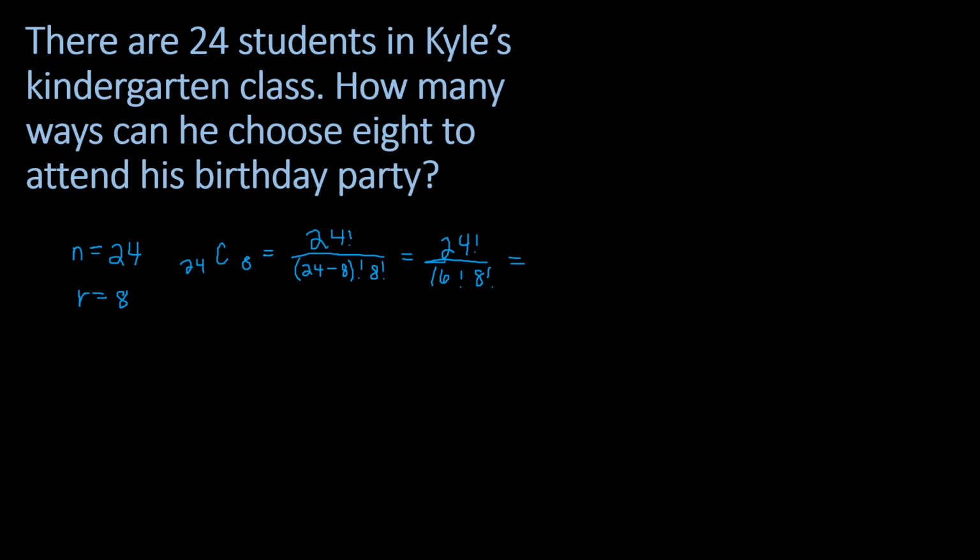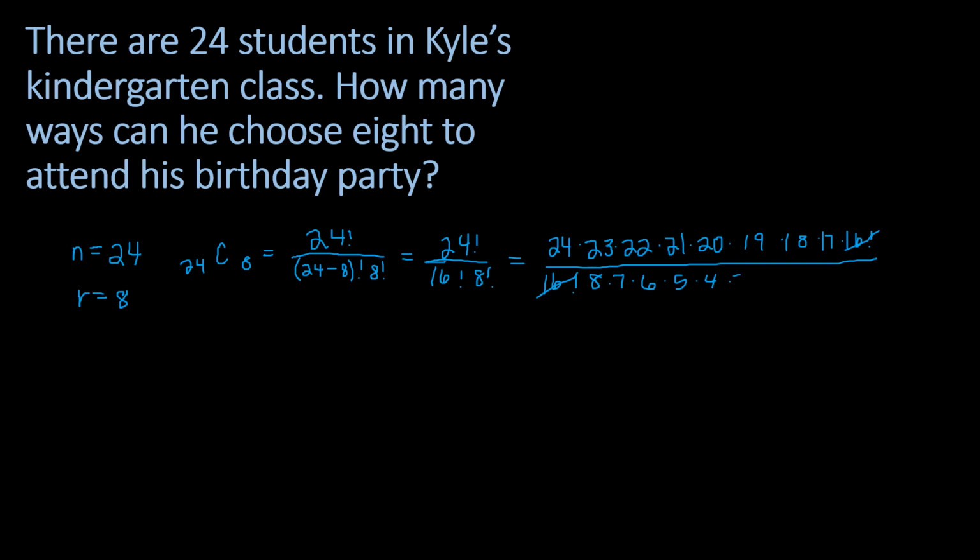So we pull this out to 16: 24, 23, 22, 21, 20, 19, 18, 17, 16 factorial over 16 factorial. Let's go ahead and cancel those. And then this 8 factorial we're going to write out: 8 times 7 times 6 times 5 times 4 times 3 times 2 times 1.